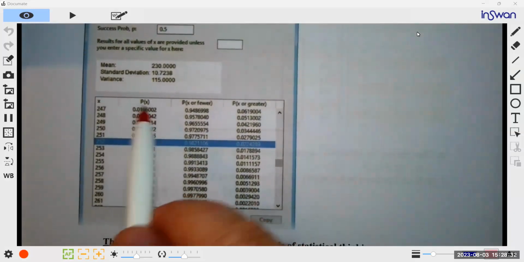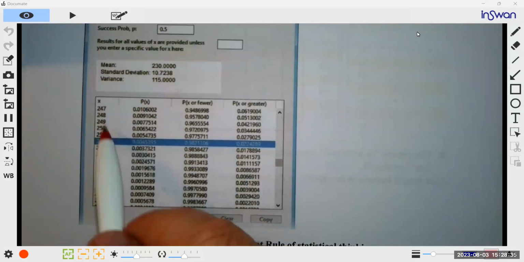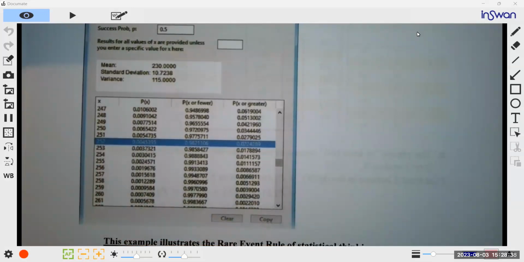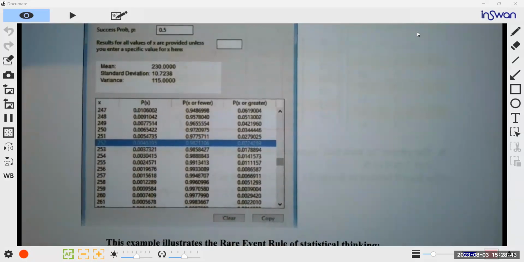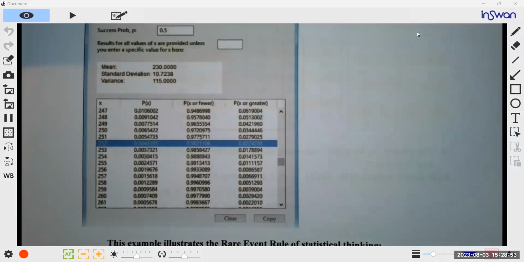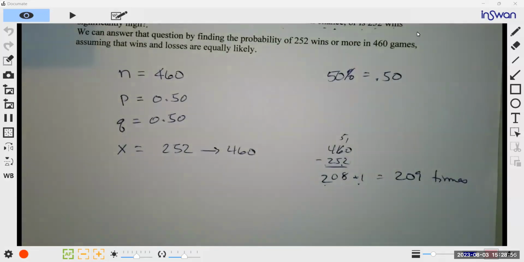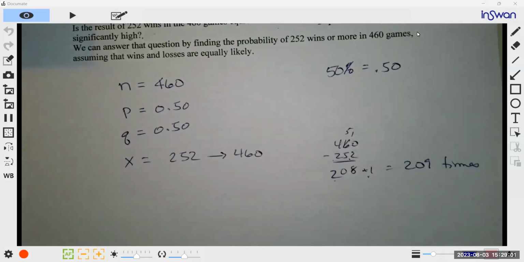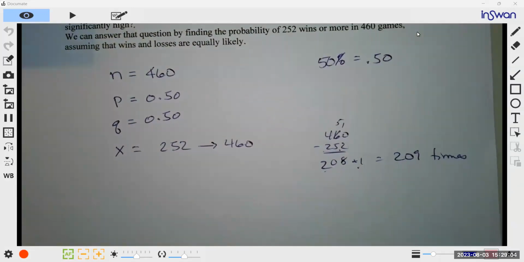So we have to find the probability for each one of our outcomes. And this is only part of it. You notice the bar here, all that from top down, we'd get the solution. And so that is a rare event rule, because you have so many different possibilities that can happen.